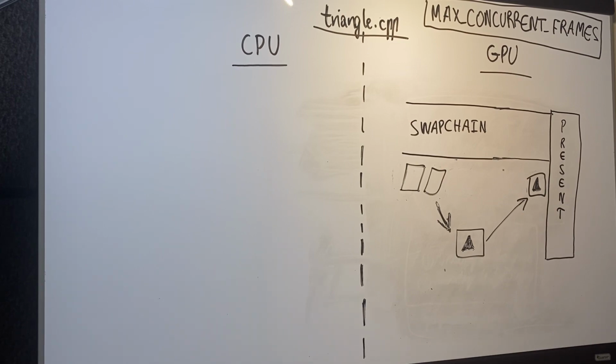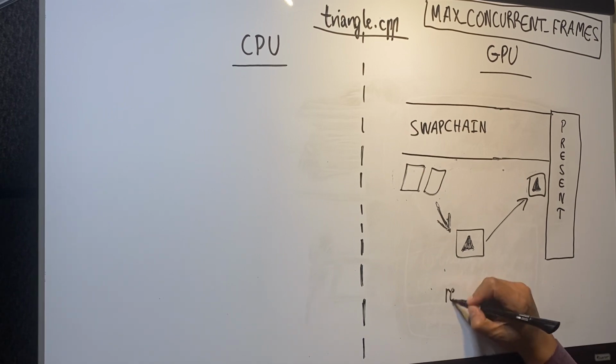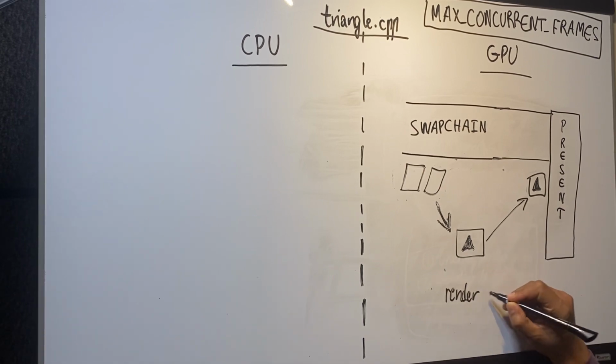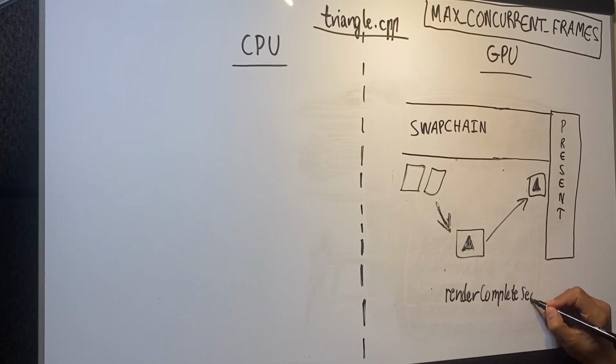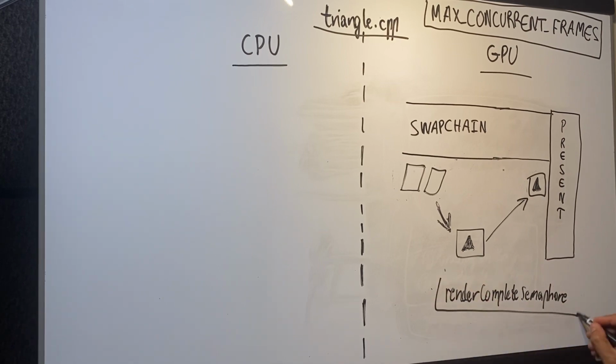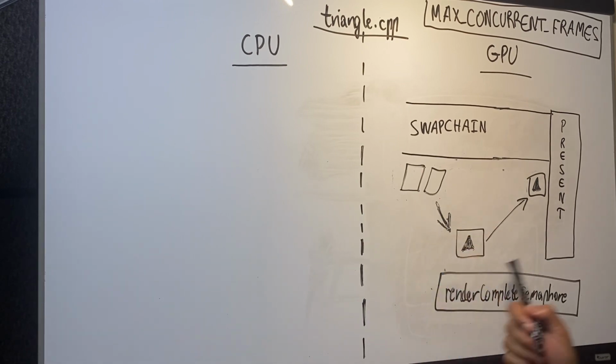So the semaphore that we use is the render complete semaphore. All right. So the render complete semaphore is the semaphore that we use to manage this situation.